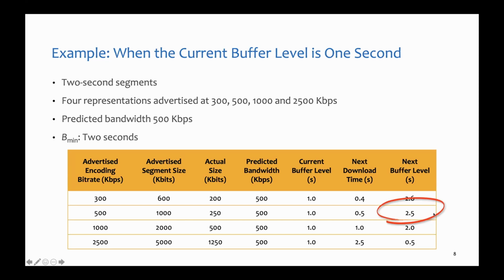But our algorithm will check all the possibilities, and then eventually decide on this 1 megabit per second representation. Why? Because I can still sustain a good level of buffer, above the threshold, but I can get a higher quality segment. So I'm able to upshift, whereas the default dash.js client wasn't able to.